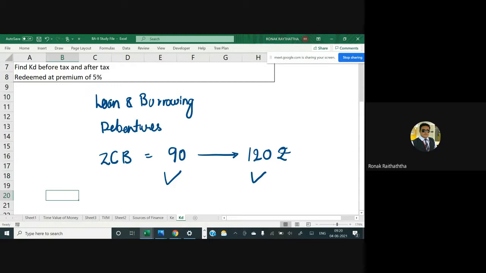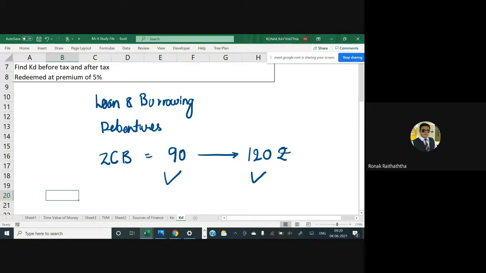Now for the company, this 30 rupees is the cost, because they are going to incur it over the number of years of maturity of the zero coupon bond. It will have its own maturity, say 5 years, 10 years, 12 years, whatever the case may be. Why is 30 rupees the cost to the company?